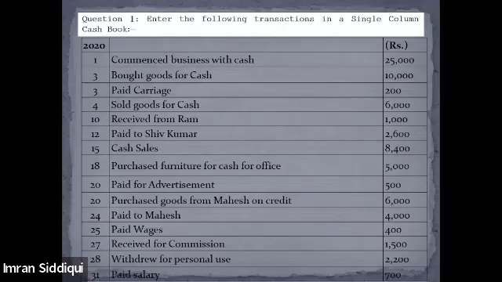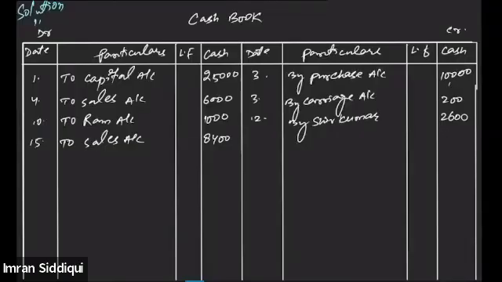After that, we have purchased furniture for cash for office. So that will definitely lead to the outflow of cash if you are purchasing furniture. And if it is leading to the outflow of cash, that needs to be recorded on the credit side. On 18th, we'll record this as by furniture account.